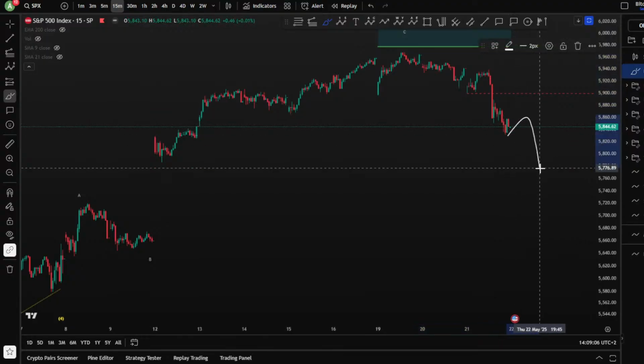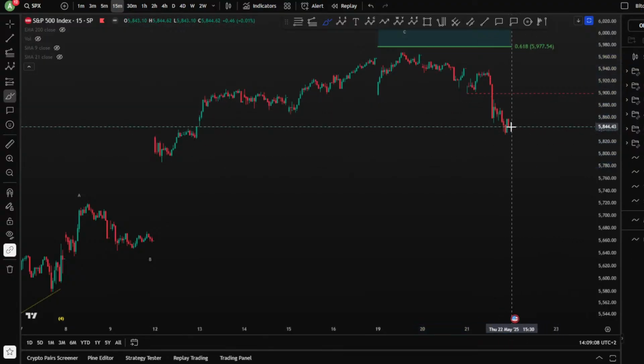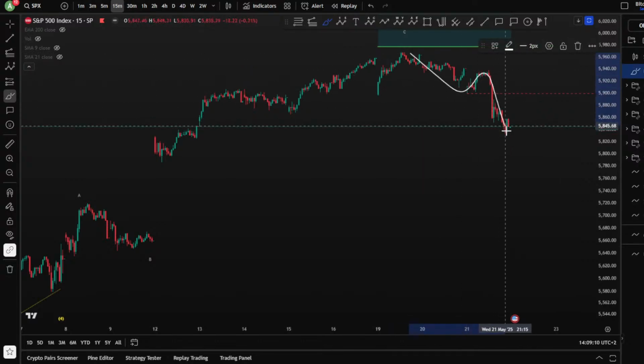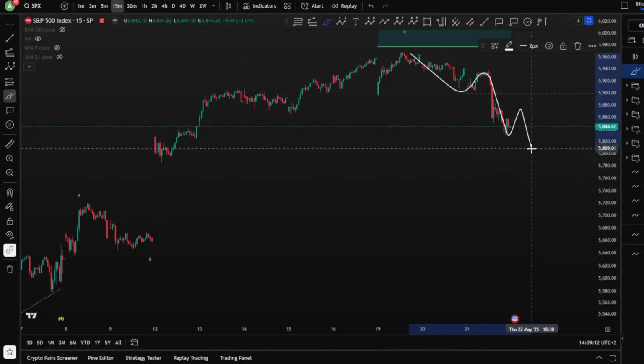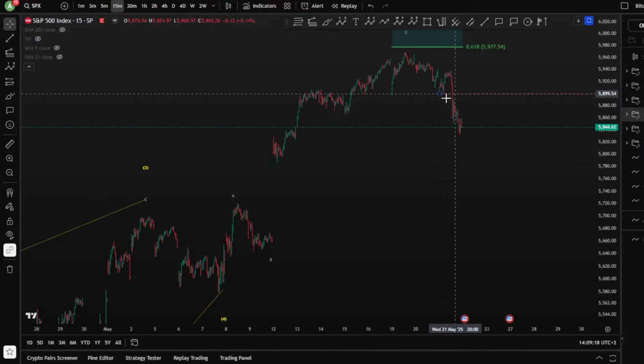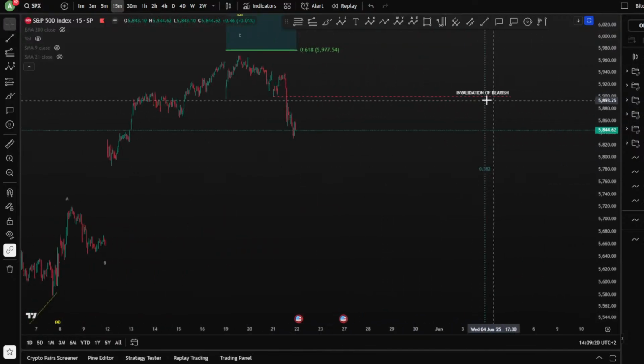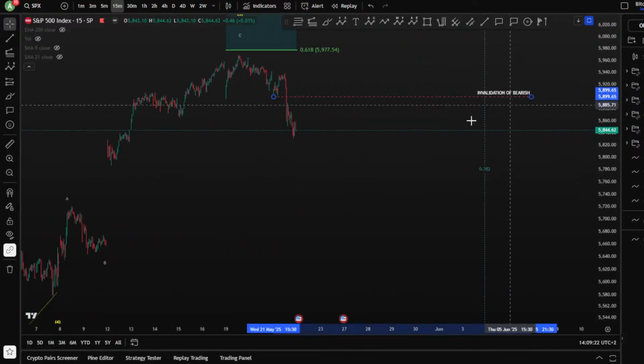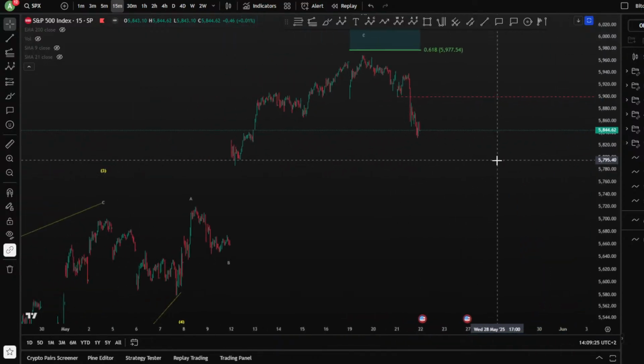I need to see 5 waves. So what I need to see here on the SPX is a wave 4 and then wave 5. If I don't see this and we continue toward the upside and take this price, that's the invalidation of bearish, from yesterday.